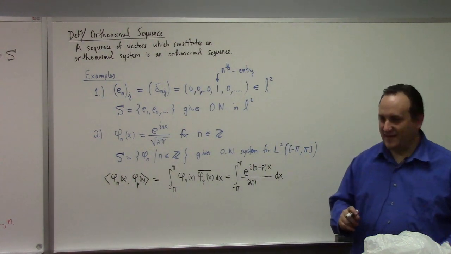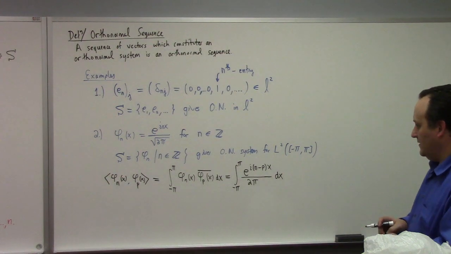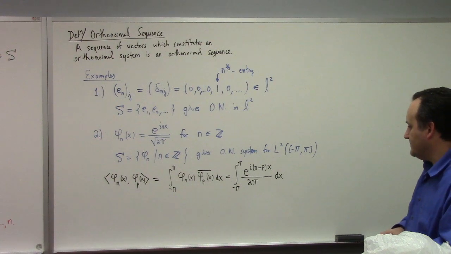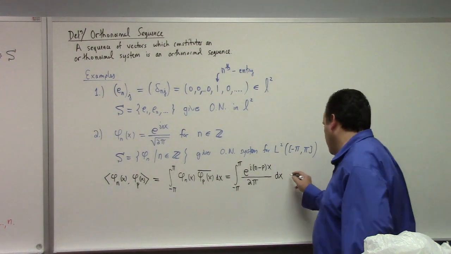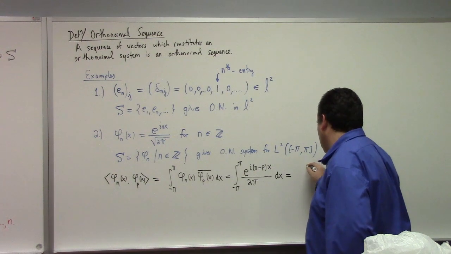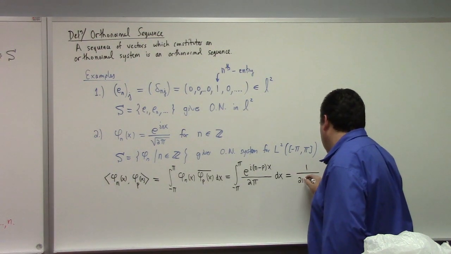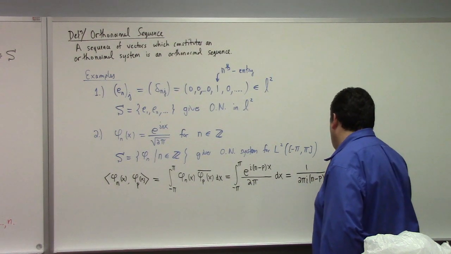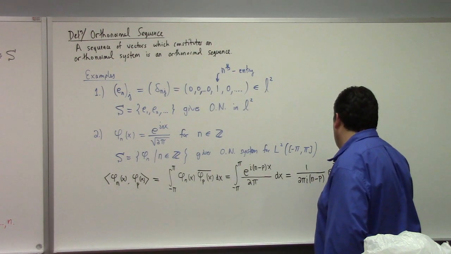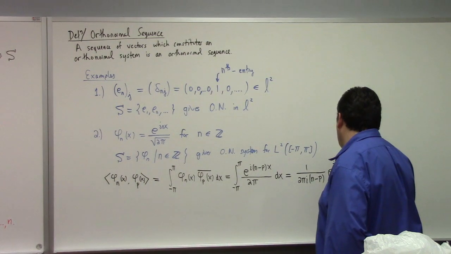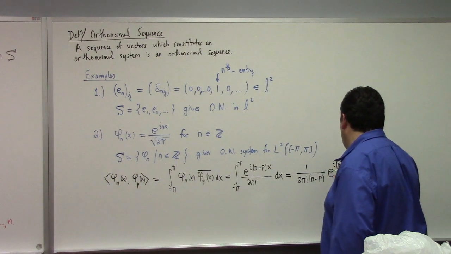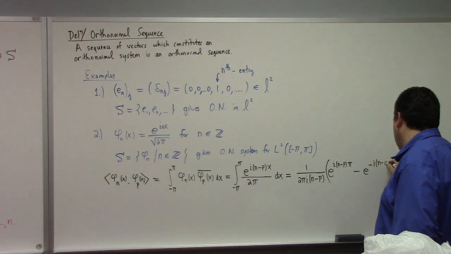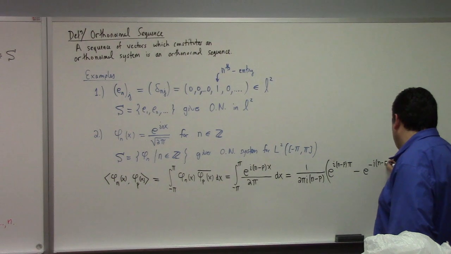Where I use the complex conjugate, of course, which gives us the minus ipx, right? And then this gives us 1 over 2 pi i (n minus p), e to the i (n minus p) pi minus e to the minus i (n minus p) pi.